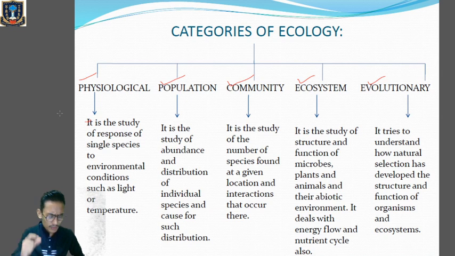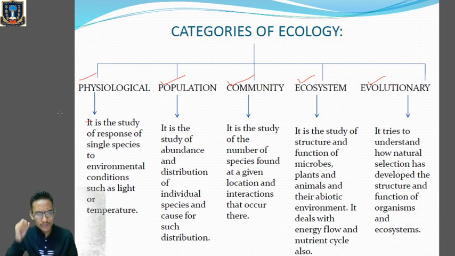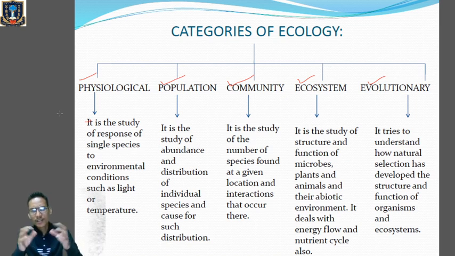Number two is population ecology, which is the study of abundance and distribution of individual species. Okay? So population ecology deals with the abundance, meaning we can say diversity of species, along with the distribution, because in our ecosystem we will find different types of species, right? There is a huge variety of species.